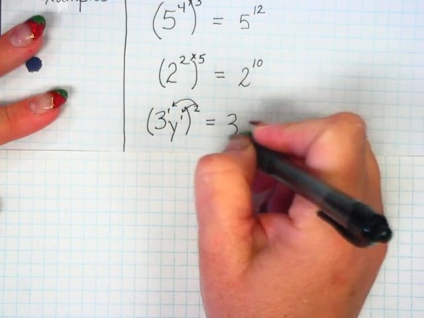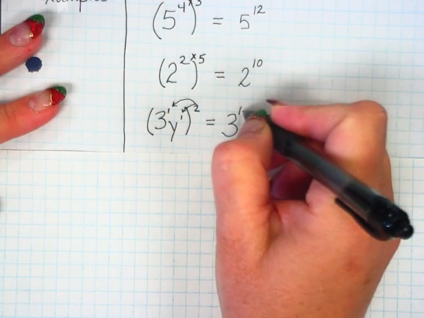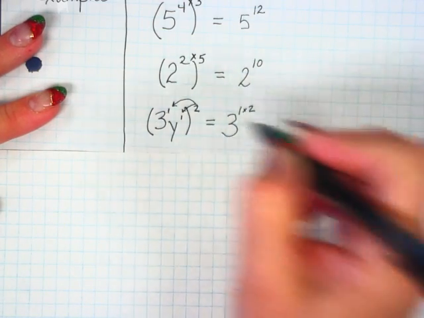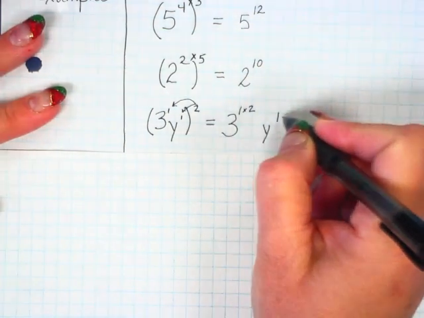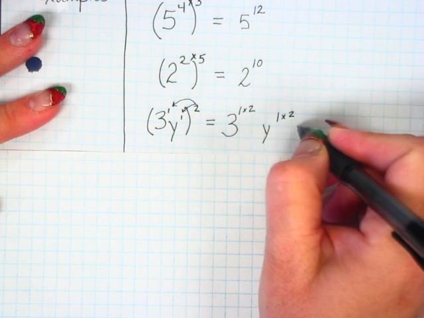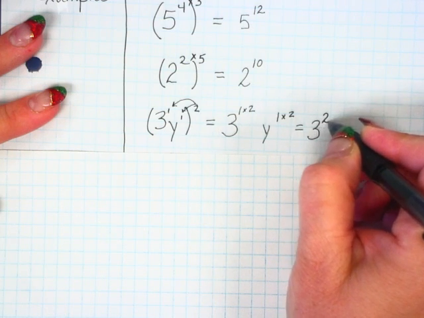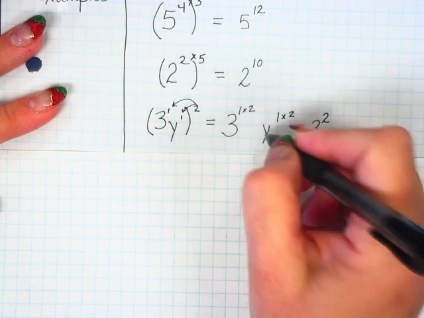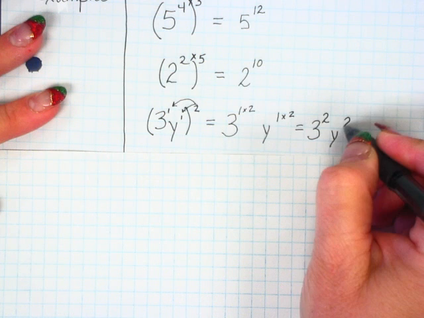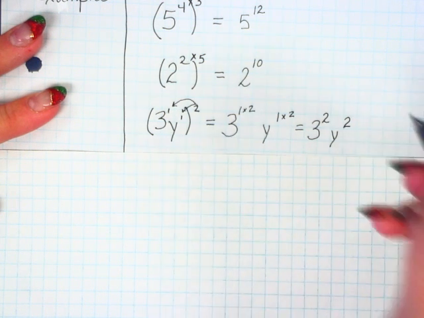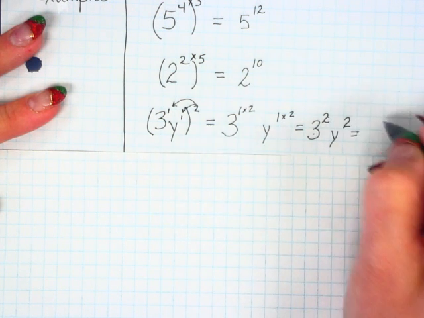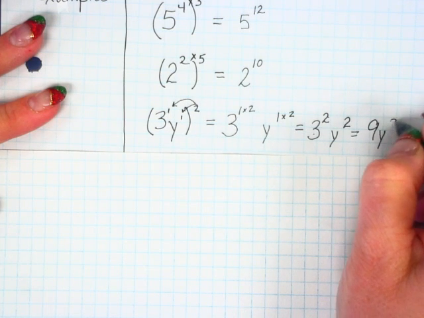So we're looking at 3 to the 1 times 2 power and y to the 1 times 2 power. So we're looking at 3 to the 2nd power, or 3 squared, and y to the 2nd power, or y squared. And you can also write it as 3 squared, which is 9, y to the 2nd.